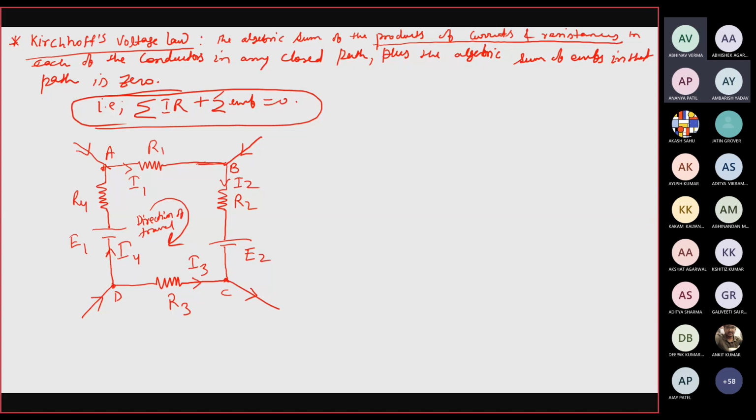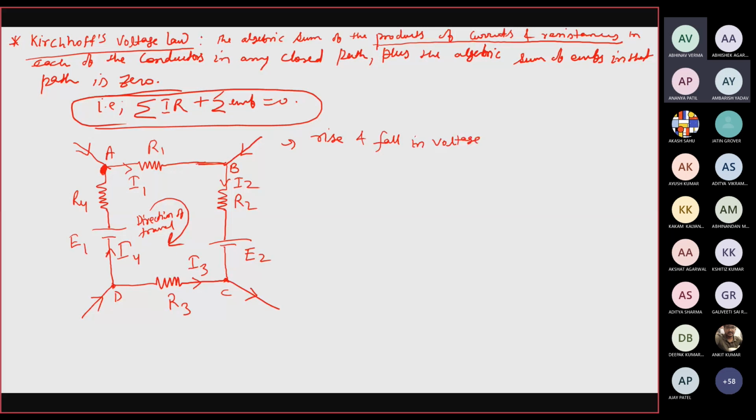So let us start from this point A, then move in the clockwise direction and again reach point A. So how to write the KVL equation? Before that, you will have to understand the concept of rise and fall in voltage.